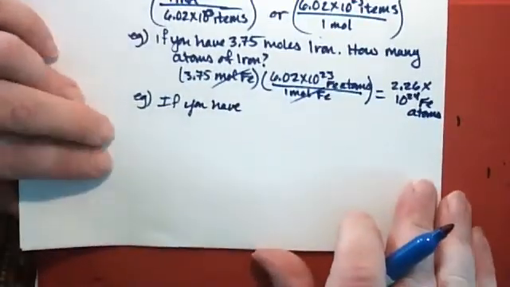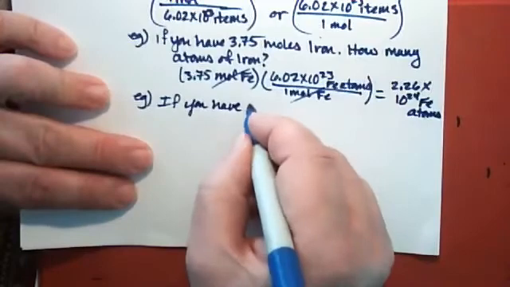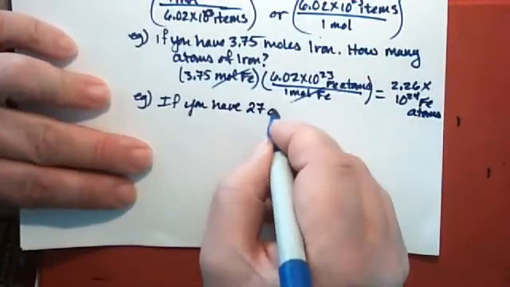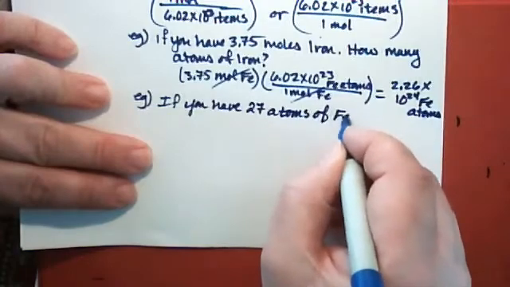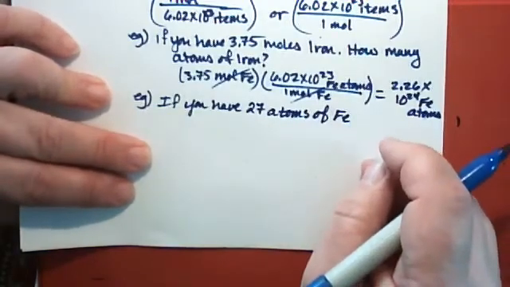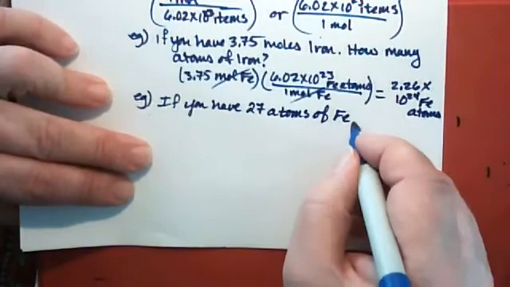Another example, say if you have 27 atoms of iron, how many moles would that be?